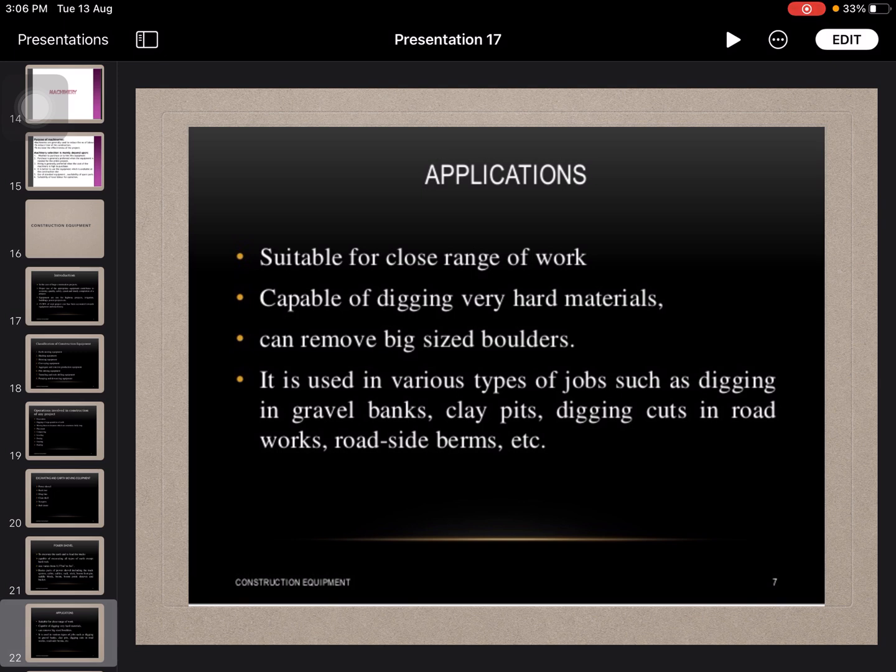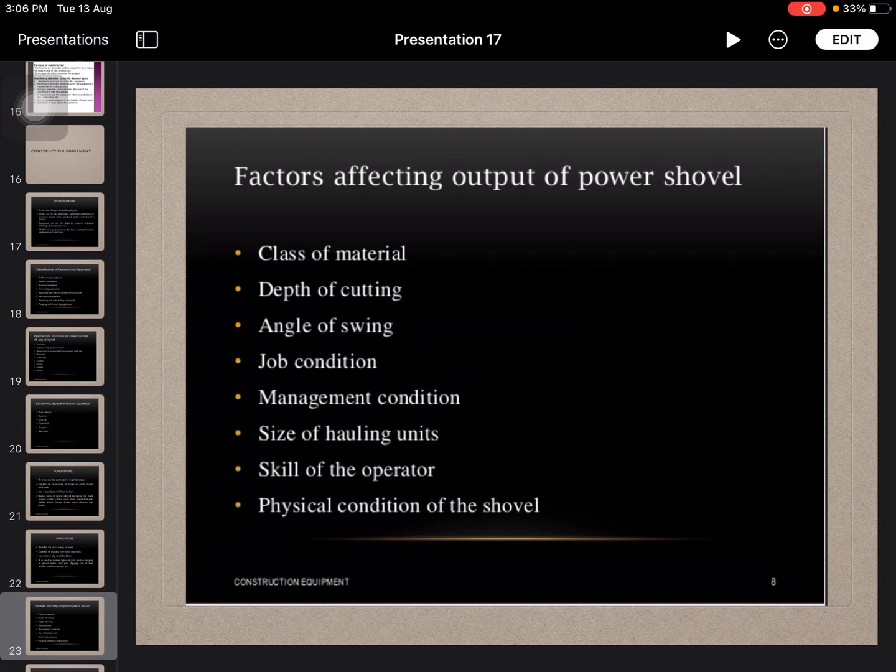In this case, it is suitable for close range of work, capable of digging big boulders, and is also used for gravel banks consisting of gravels, clay pits, and also for road works and roadside borrow pits.